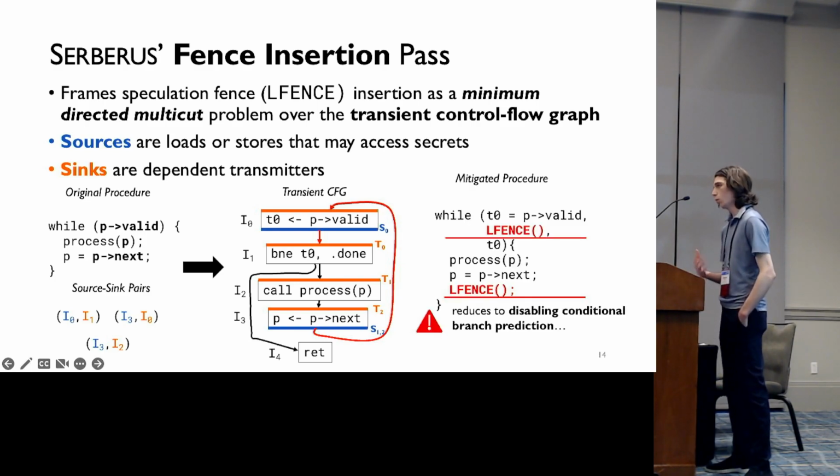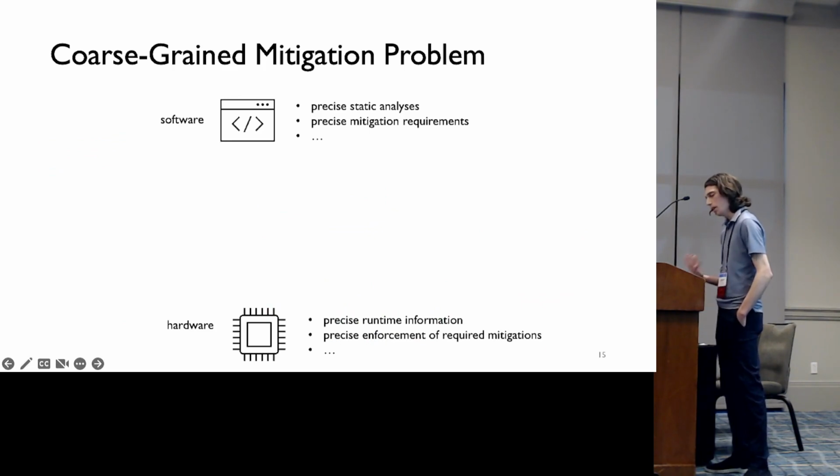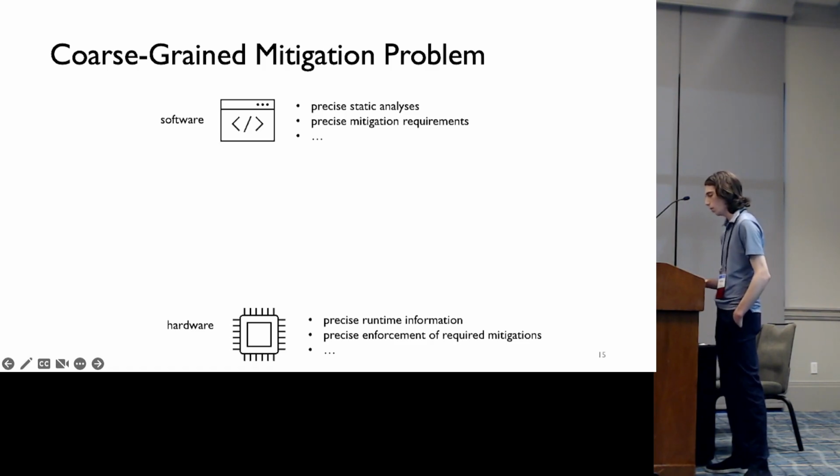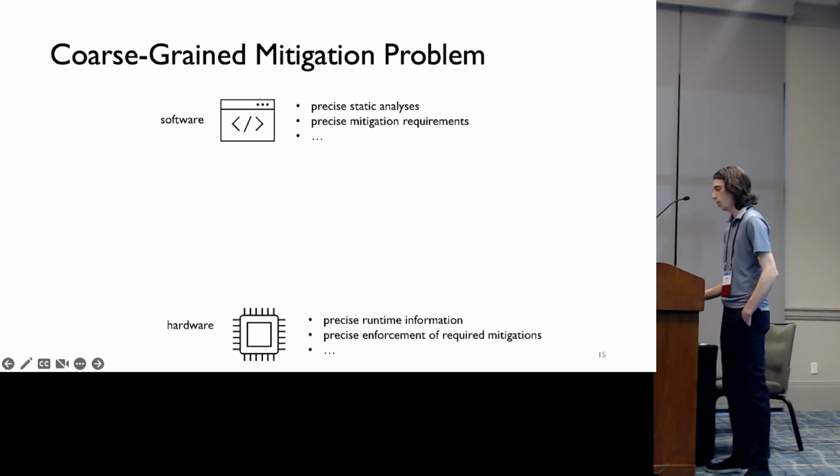For crypto code, this works pretty well, but for more general purpose code, which contains more frequent branches, this often reduces to simply inserting an L fence after every branch, and therefore disabling branch prediction, which incurs the huge overhead. But really, this isn't a problem specific to Serberus. This is a symptom of a greater problem, which we call the coarse-grained mitigation problem. Software knows which instructions can be involved in a Spectre attack and knows where to precisely place those mitigations and under what conditions they should be enforced.